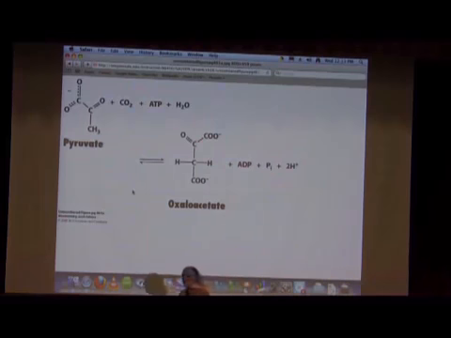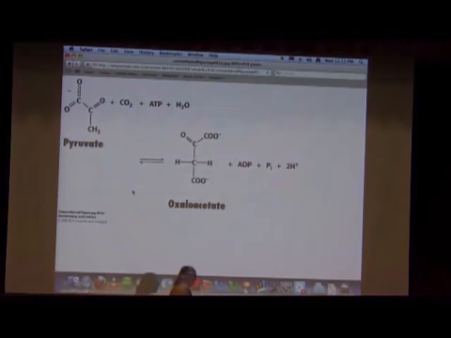This enzyme, pyruvate carboxylase, as I noted, is found only in the mitochondrion. That means that if we're going to start making glucose, we have to start in the mitochondrion, which means we have to put pyruvate into the mitochondrion in order for gluconeogenesis to get started. If we can't put pyruvate into the mitochondrion, we can't make glucose from pyruvate.